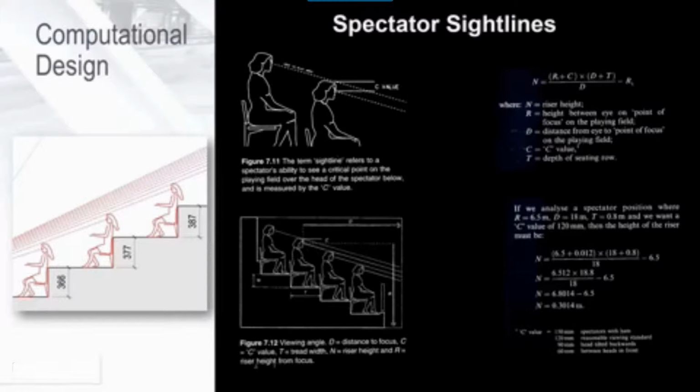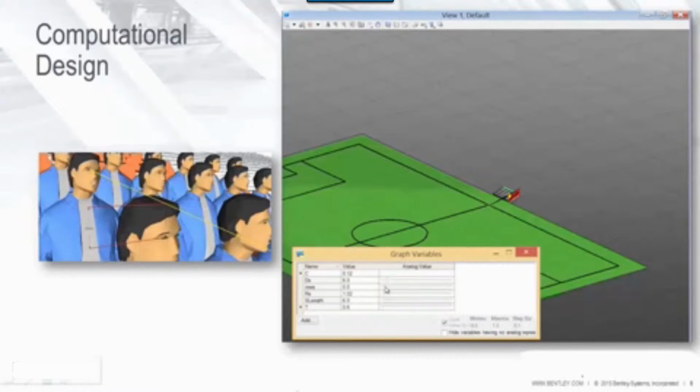Let's take the example of a stadium seating. The sectional layout has to follow some rules of spectator sightlines. The step size of each row generally follows a parabolic curve, which is derived by a set of formula.